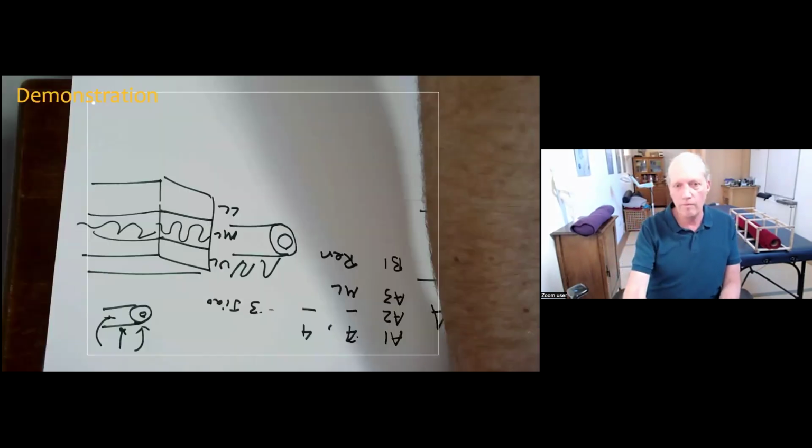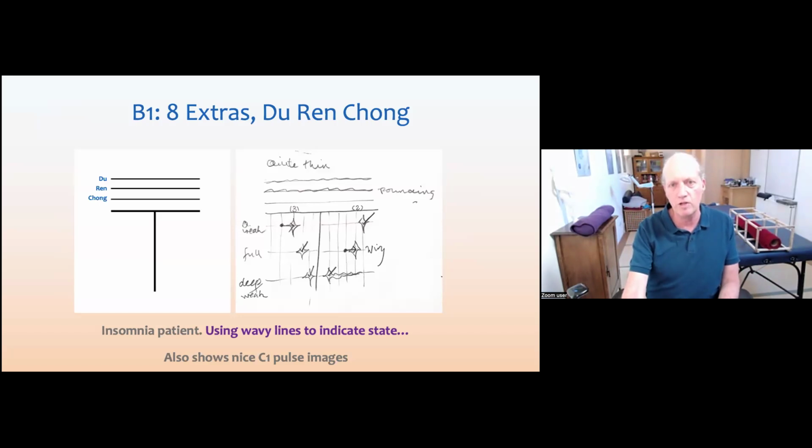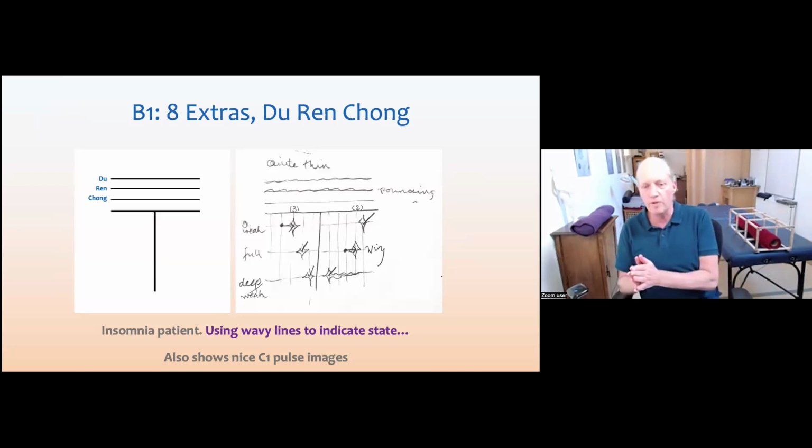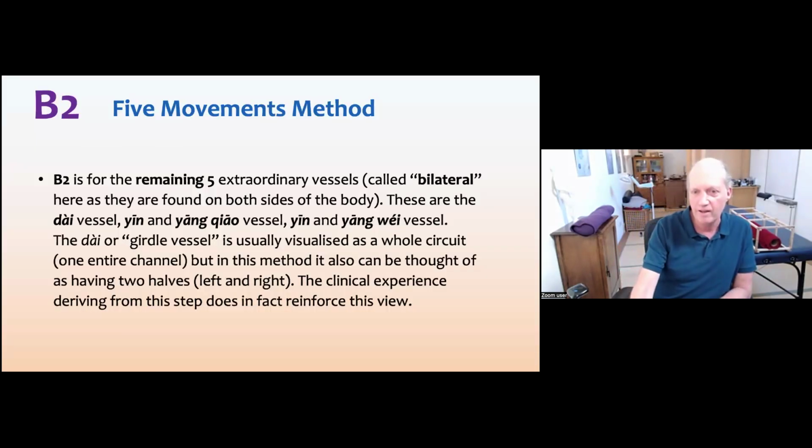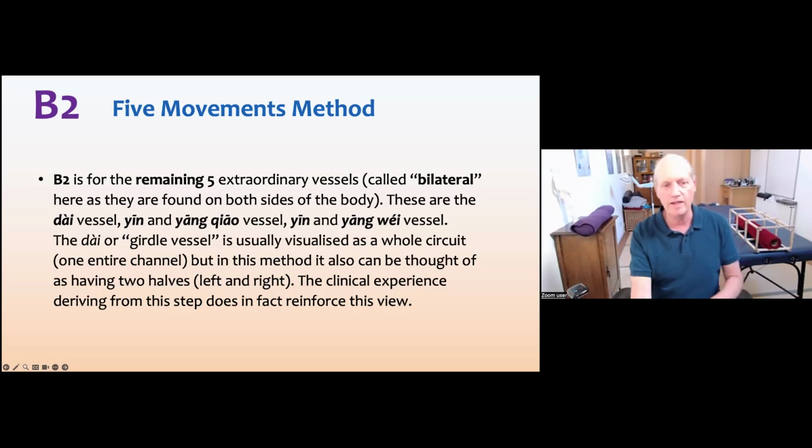So basically we've now finished Du, Ren, and Chong. We'll leave it for the moment and then move on to the remaining 5 extraordinaries, the other 5 extras. You could call them bilateral, in that these 5 are found on both sides of the body.